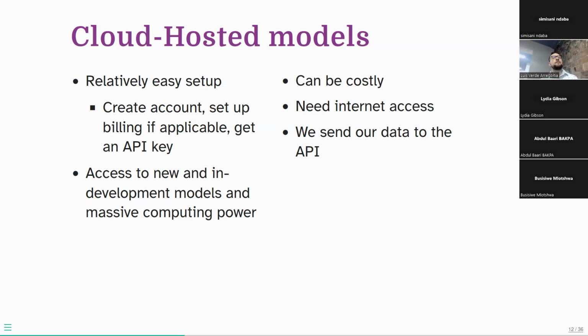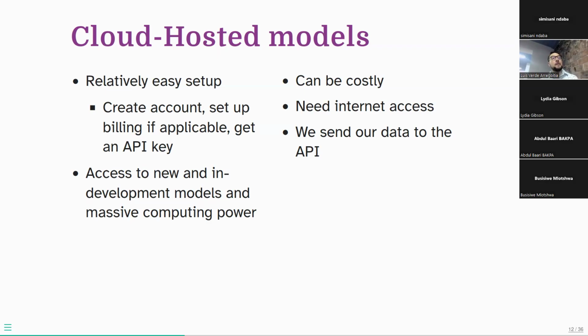And so these first types of models that I mentioned are the ones that are hosted on the cloud. So they're just running on someone else's machines or someone else's massive servers. A benefit of that is that it's fairly easy for us to set up our access to these models. We just create an account with the provider.